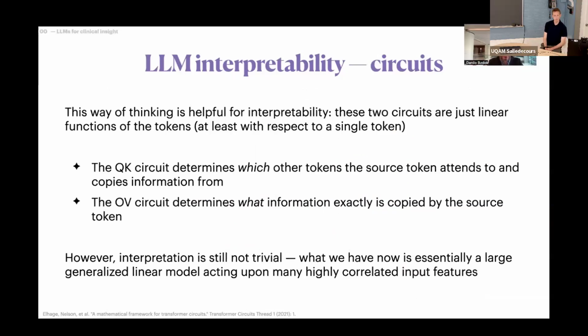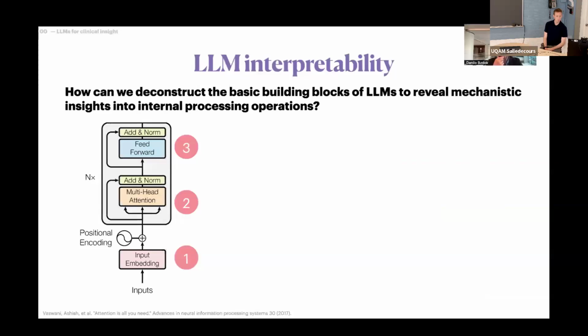I already mentioned most of these points, and that is despite the fact that the last part of the transformer block, the MLP, the multilayer perceptron, the fully connected feedforward neural network, is even more impenetrable. This part usually makes up roughly 2/3 of the overall parameters of a large language model.